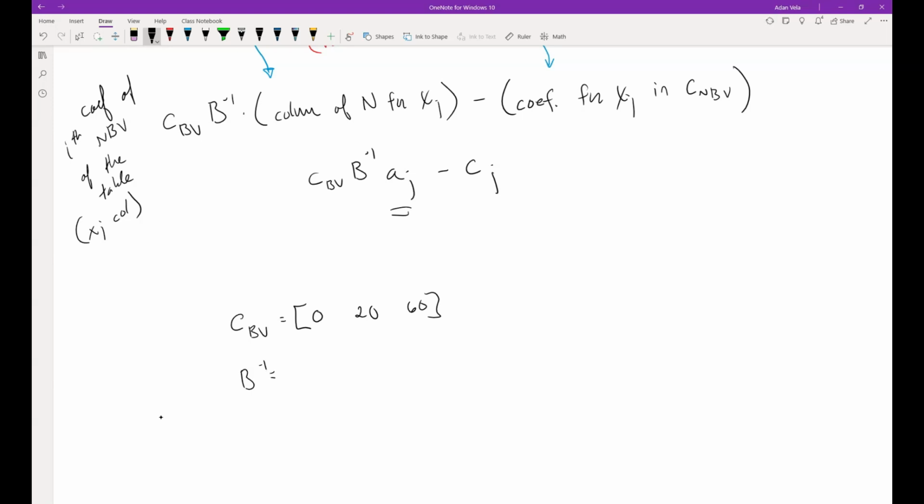We had already solved for B inverse above, so I'll just rewrite those values, and then the corresponding N matrix that we started off with.